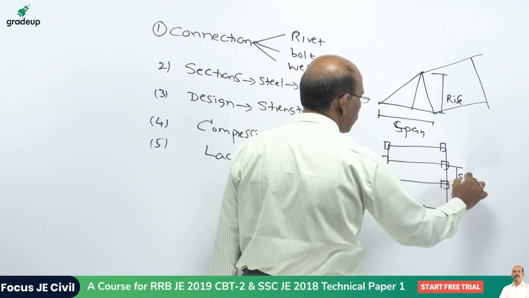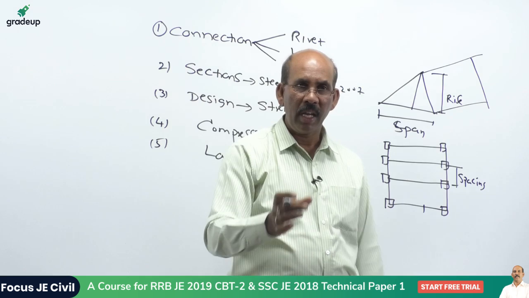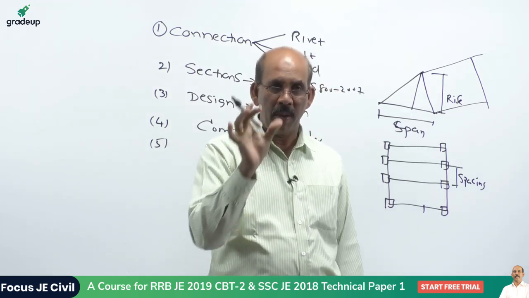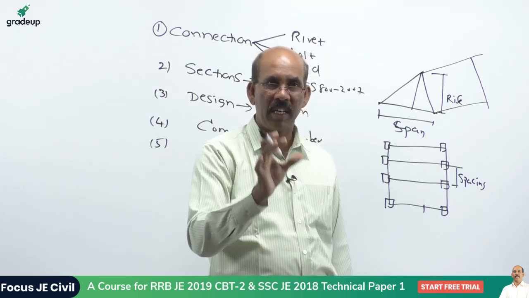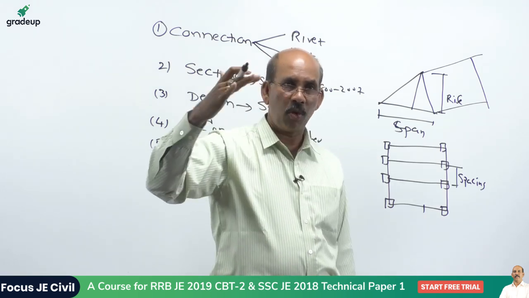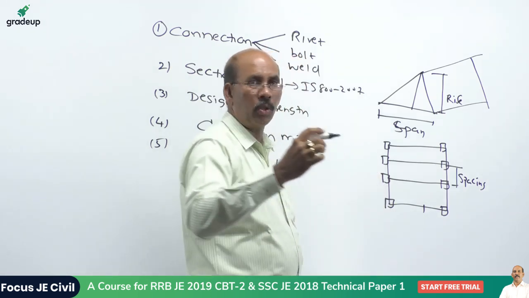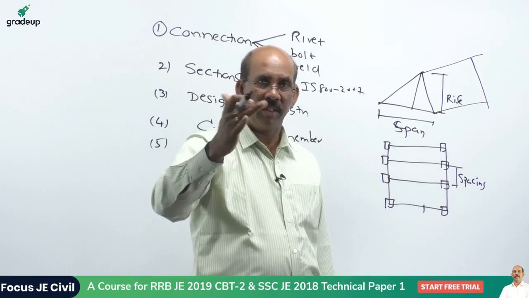This is the spacing. As far as possible, the spacing is made in such a way that the cost of the truss should be minimum. That is what we call economical spacing of the truss. One is the roof cost, that is the cost of the roofing material and the cost of the purlins which you use to join one truss to the other, and this cost will decide the economy.